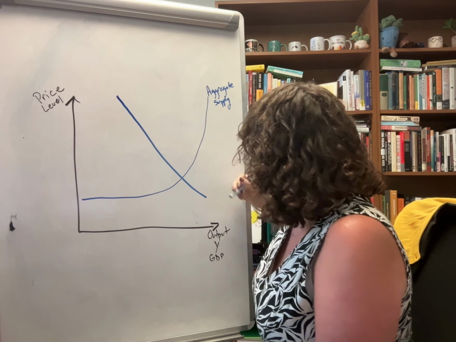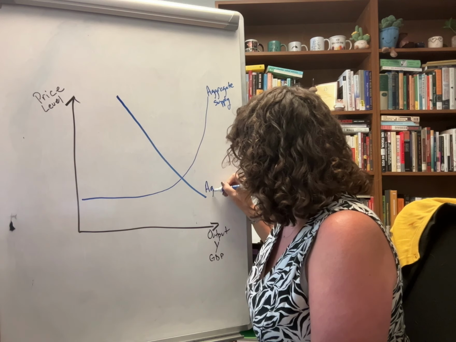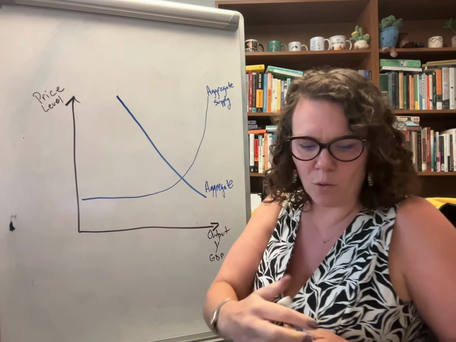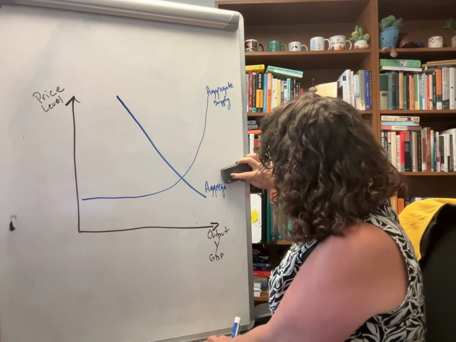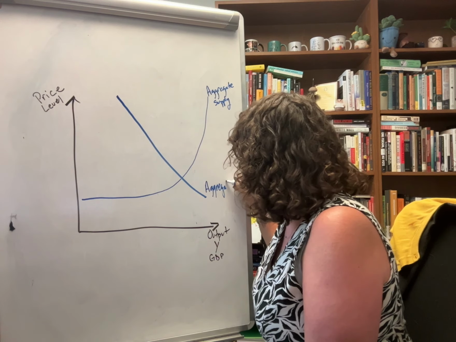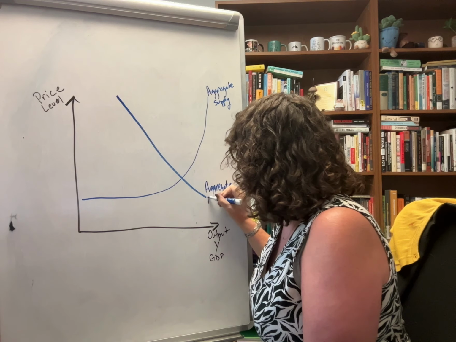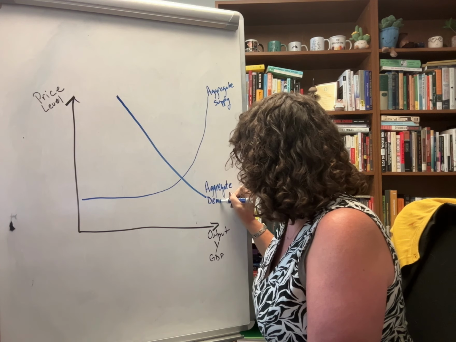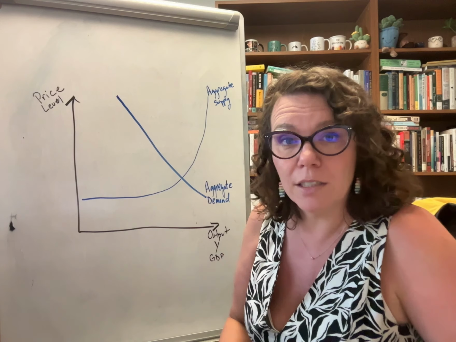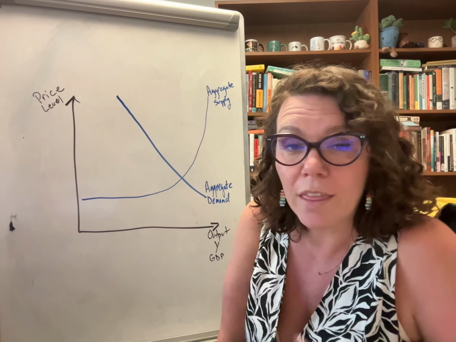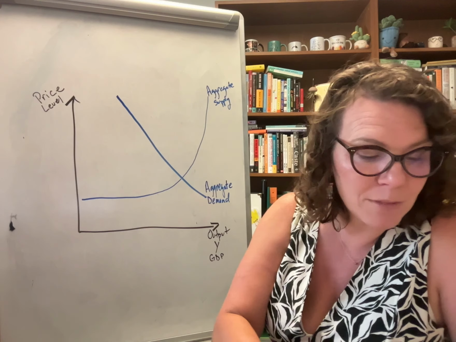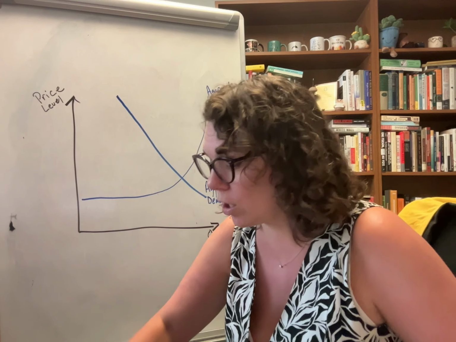But what is interesting here is that aggregate demand is the summation of the consumption of all of a country's goods and services produced within a period. So when we talk about aggregate demand in the US, we're talking about all of the goods and services that are produced within the country within a month or within a year, and we can break them down into who they are consumed by.